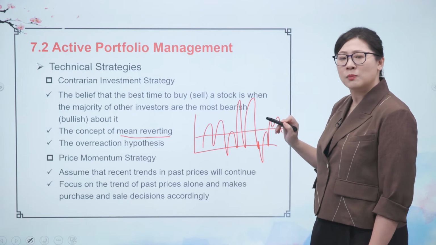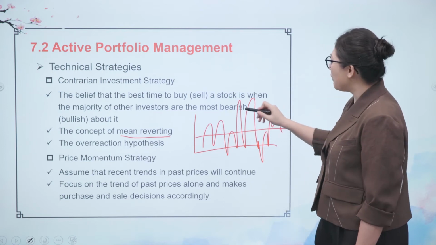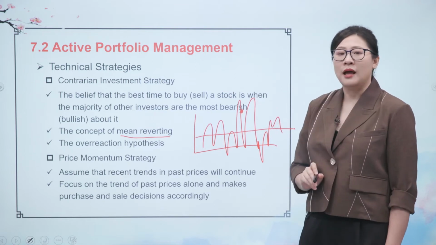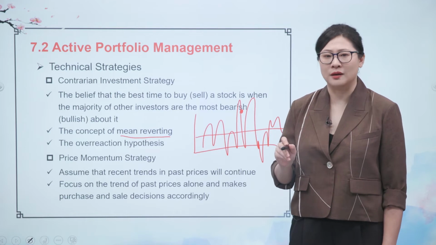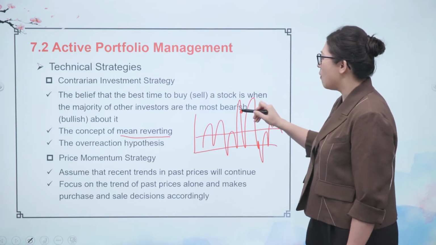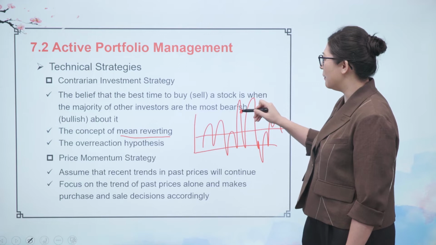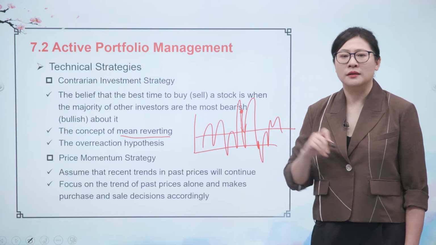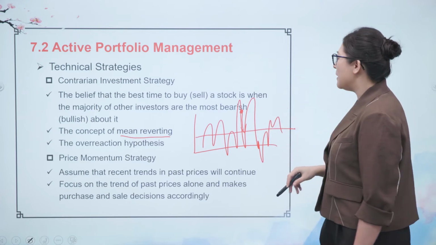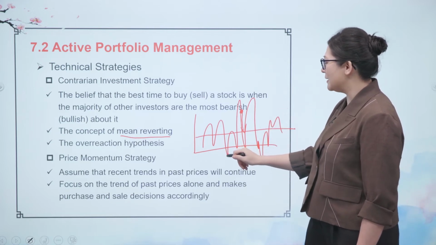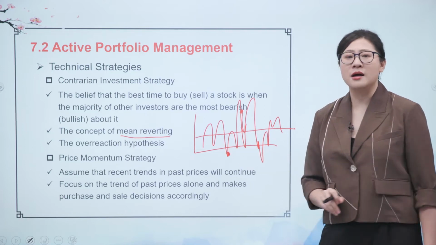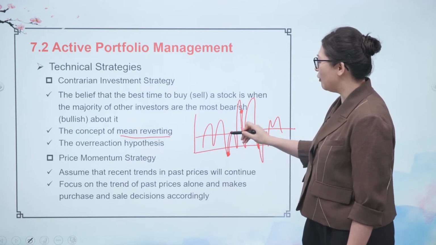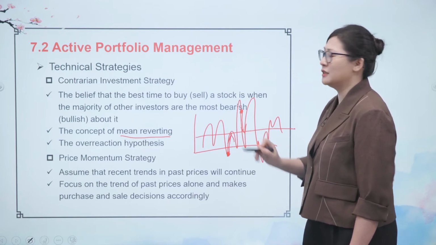Mean reverting means that if you find the stock price is here, and you assume it is mean reverting, definitely in the next or following period it will go back to the mean. So the stock price will go down. But if you find that the stock price is here, and you assume mean reverting, you will find that in the following period, the stock price will go up.